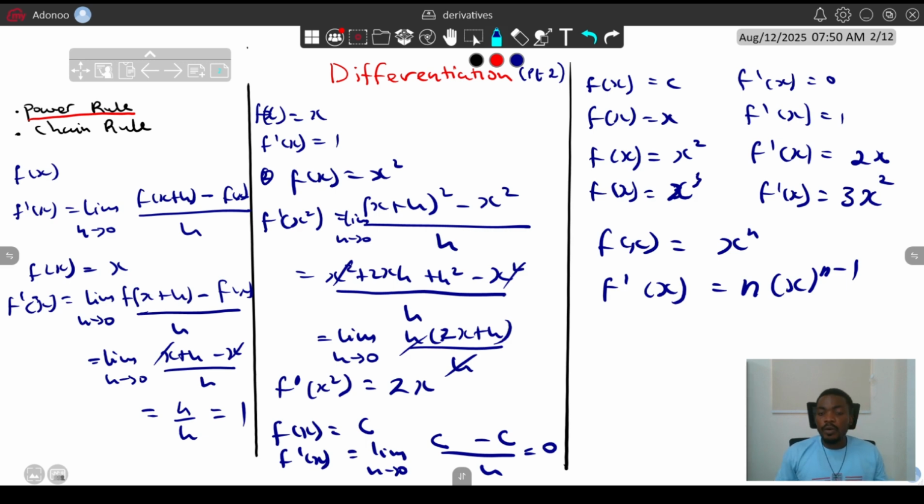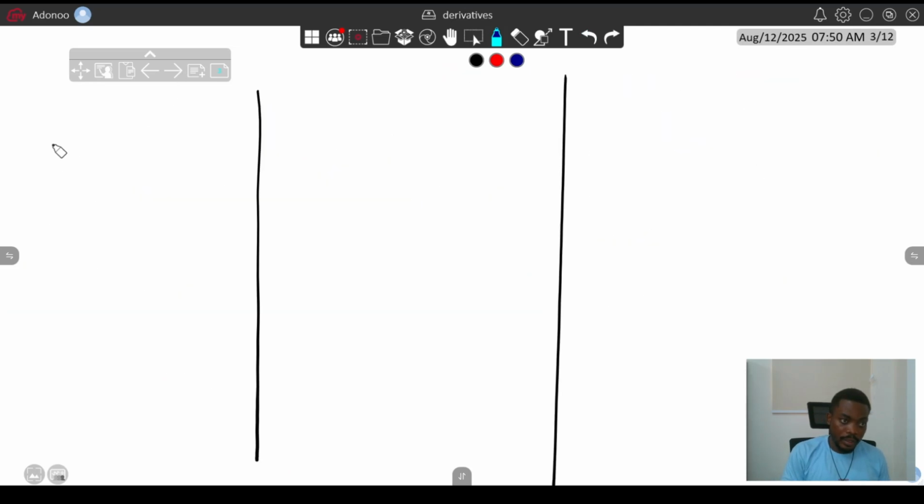So what if we have a rational function, say f of x is equal to 1 over x minus 1 over 3 square root of x squared? What we can do is differentiate each term separately and then bring them together, but we can do them at a go.